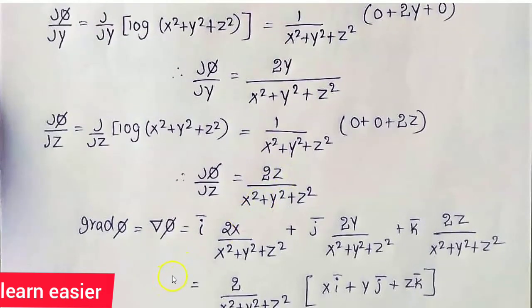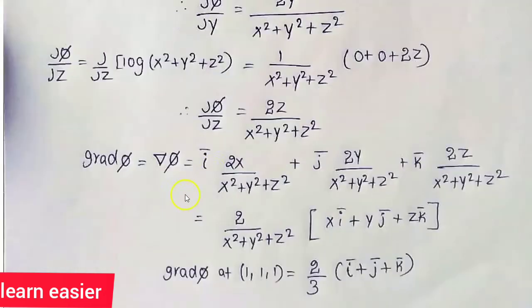So we found dou phi by dou x, dou phi by dou y and dou phi by dou z. Now we have to substitute all these three partial derivatives in grad phi. After substituting we get i bar into 2x by x squared plus y squared plus z squared, which is dou phi by dou x, plus j bar into dou phi by dou y, plus k bar into dou phi by dou z.